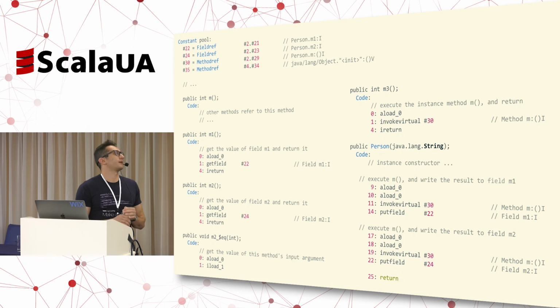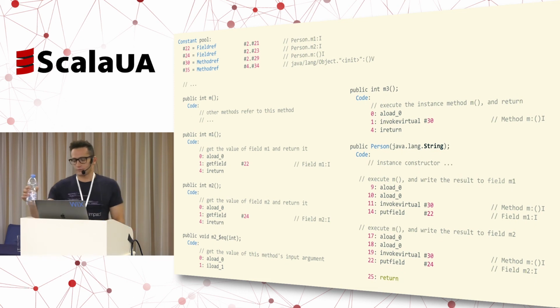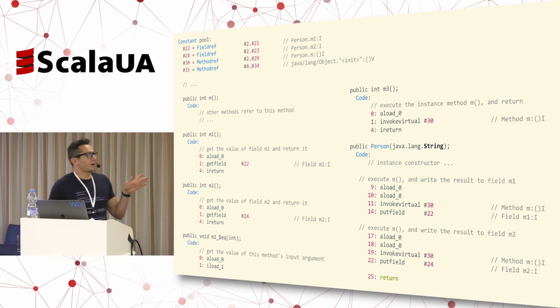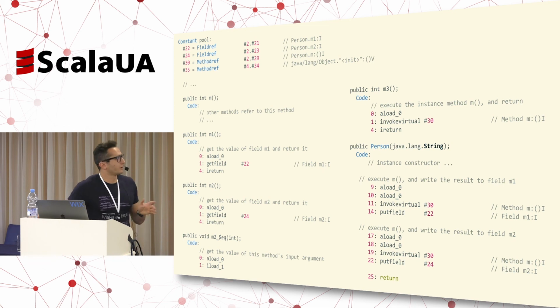So this is the class file for the previous Scala file we saw before. And we can see here lots of information. Let's take a moment and take a higher-level look. On the top, we have the constant pool that we all know and love by now, hopefully.